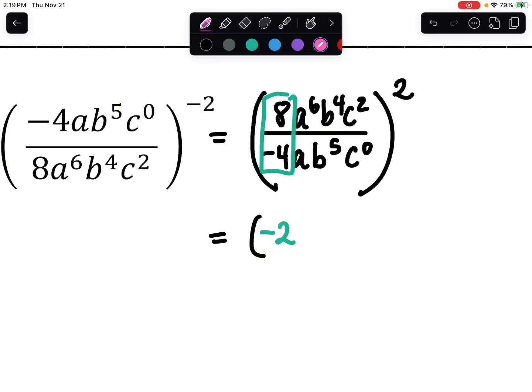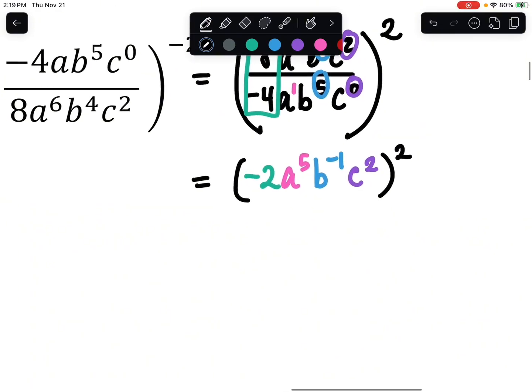And then a to the 6th over a to the 1st would leave us with a to the 5th. b to the 4th over b to the 5th, 4 minus 5 would give us a negative 1 exponent. And then c squared, we would subtract the 0, which we know c to the 0 is 1, but also that would just leave us with c squared. And all of this is still being squared.